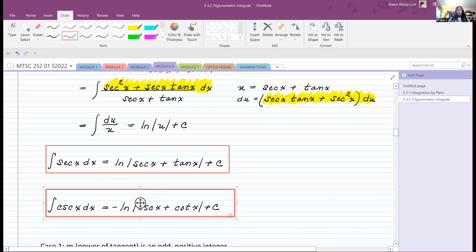Okay, before I go on, let me ask any questions, because so far we now know how to integrate sine, cosine, tangent, cotangent, secant, and cosecant. So every trig function we know how to integrate right now. Okay, any questions about that before we go on?